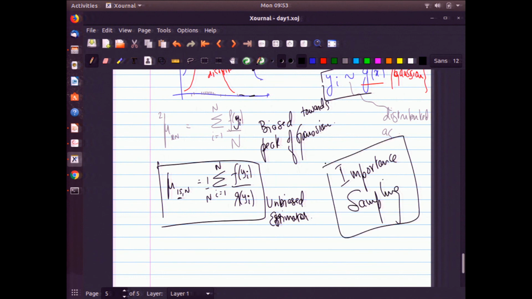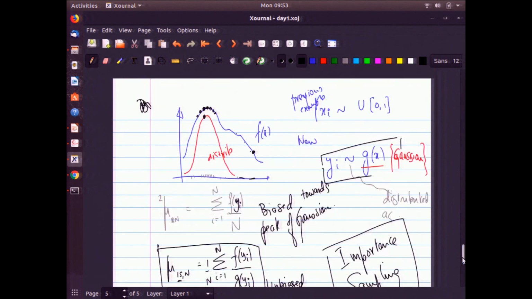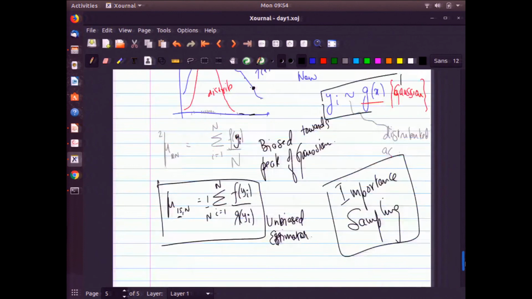And the reason it's called importance sampling is that you're giving different importances depending on what g of x is. Now if you look back and change g of x to be flat, then your importance function is simply going to be a constant. If you have 0 to 1 and it's a flat PDF, it needs to integrate to 1, which means the value is 1. So everything becomes 1. Okay, so that is what is called importance sampling.